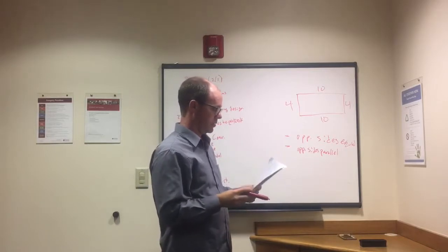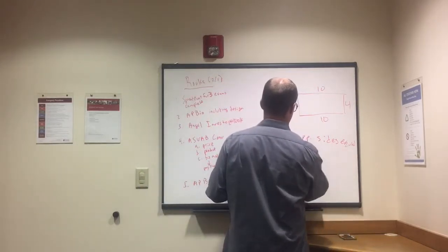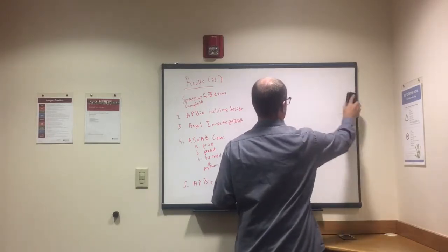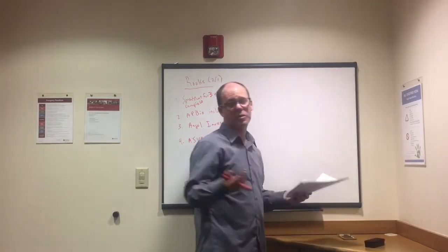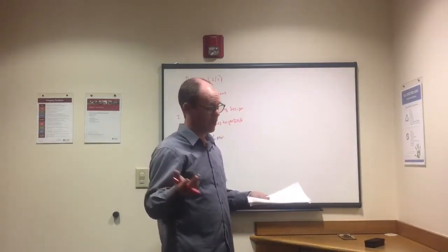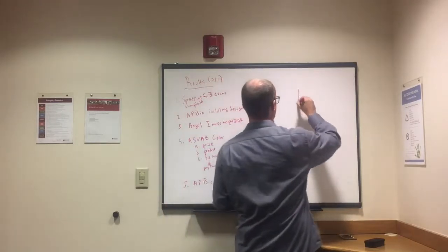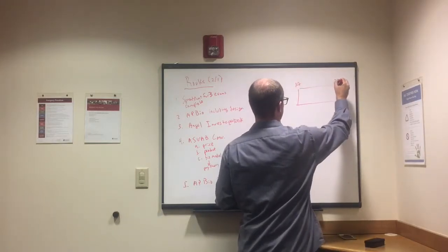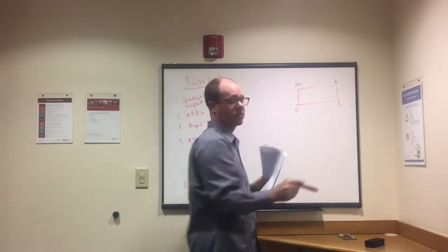Okay, so let's look at a question example for parallelogram. Perhaps easy to remember, it has the word parallel right in it, parallelogram. So we got parallelogram A, B, C, D. And notice it doesn't have the 4 right angles.